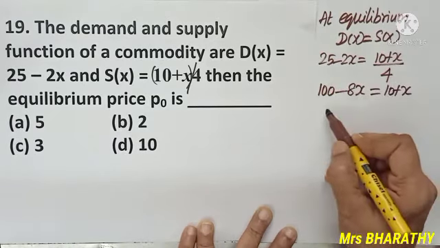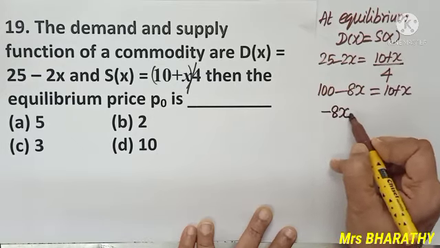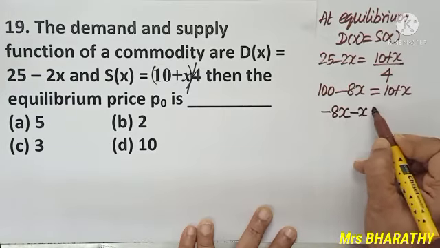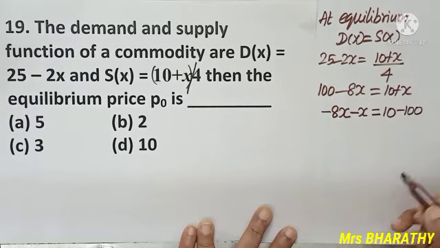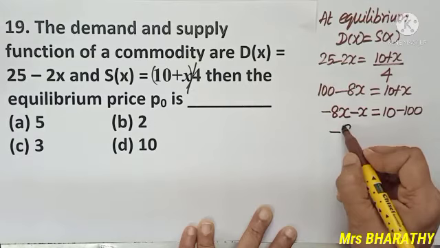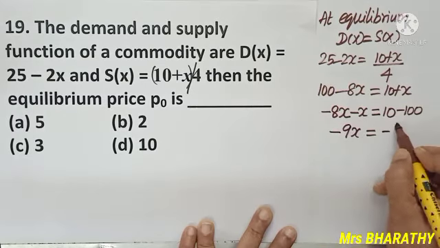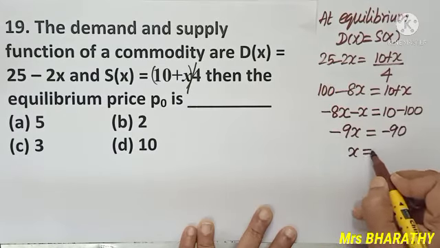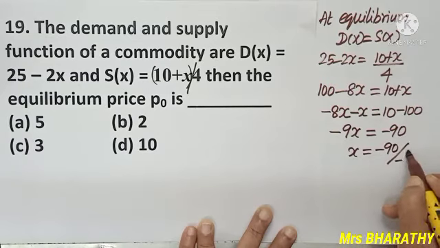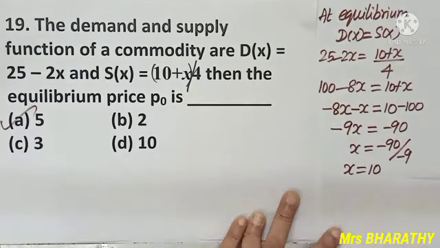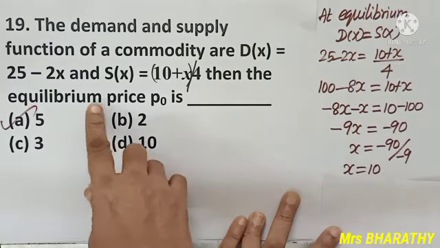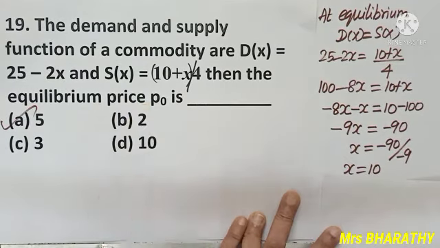Bringing x to the same side, minus 8x minus x equals to 10 minus 100. That reduces to minus 9x equals minus 90. X is equal to minus 90 by minus 9, or x is equal to 10. But my question is to find out the equilibrium price P naught.